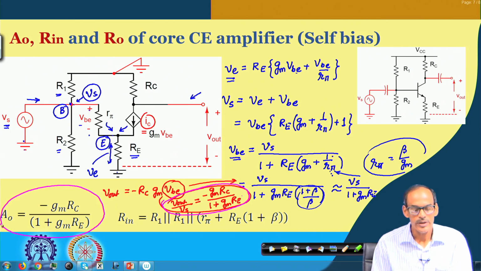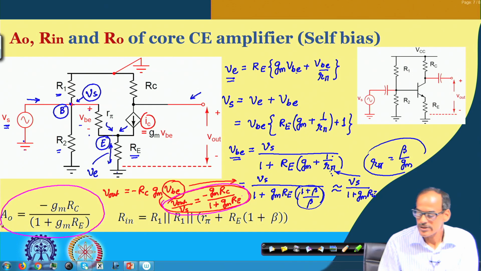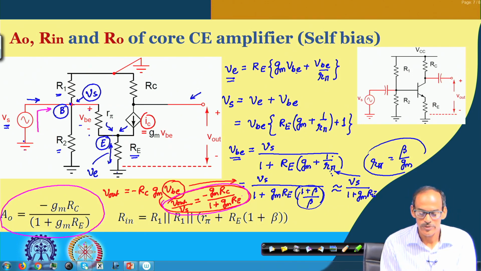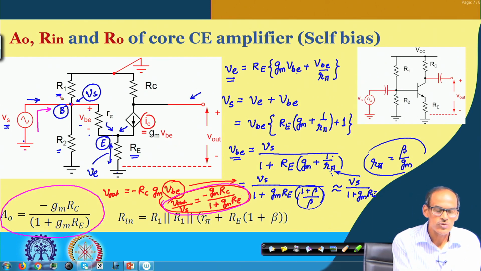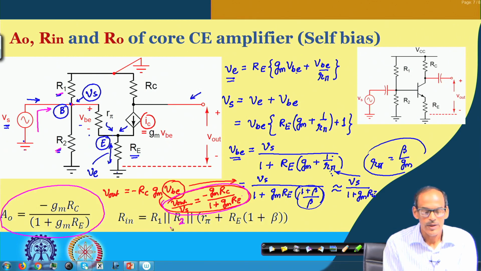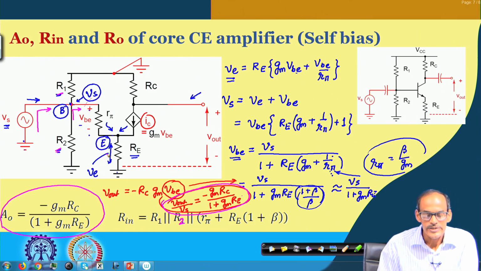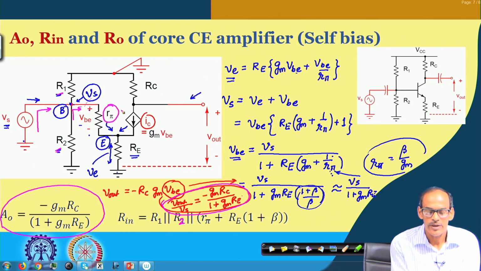On the other hand, the input resistance, if I see the circuit and look into this port and want to know what will be the input resistance, we do have R1 in parallel with R2, sorry, this will be R2, and then parallel with whatever resistance is coming from this circuit. Earlier we have discussed that the resistance looking into this circuit is r pi in series with this emitter resistor multiplied by 1 plus beta.